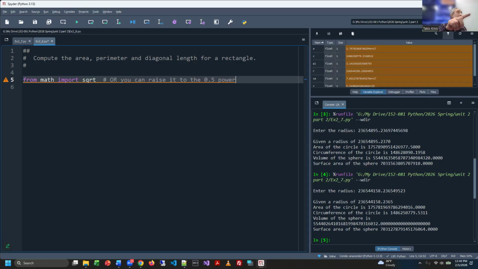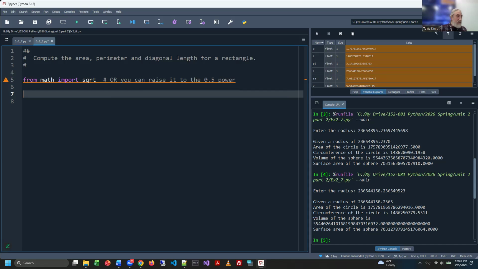So you can go star star 0.5, same difference, right? So your choice. I'm going to use the square root approach. All right. First thing we're going to do is read in the length and width from the user.